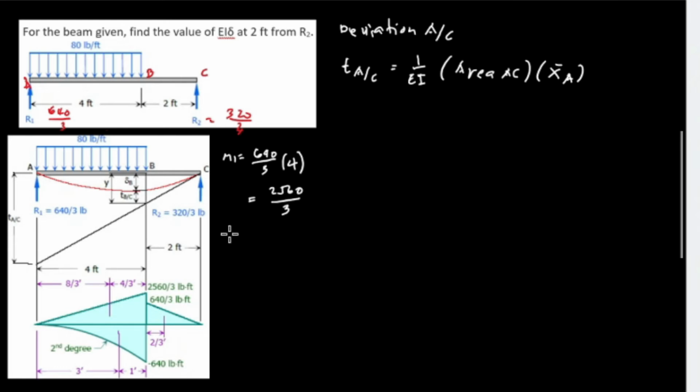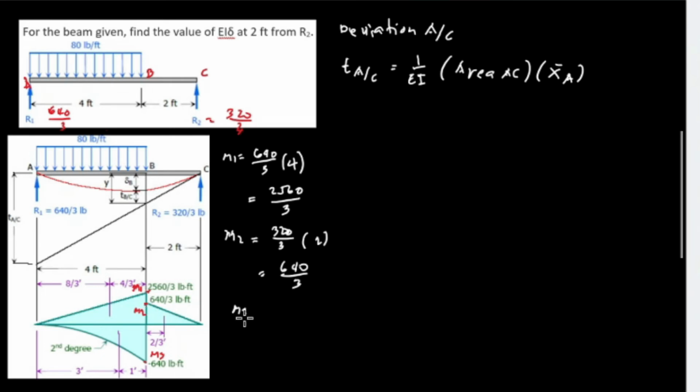And to find M2, M2 is designated at this point, so this is M1, M2, and this is M3. For M2, M2 is equal to 320 over 3 for reaction 2, multiplied by the distance 2 feet, and this is 640 over 3, and it is positive.